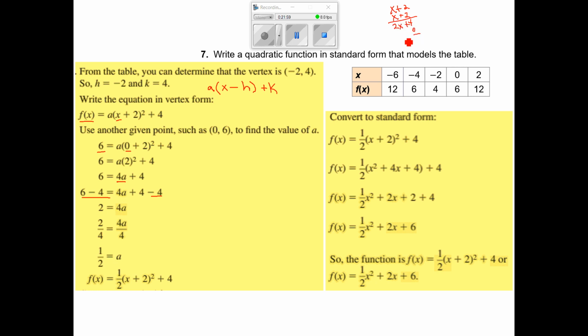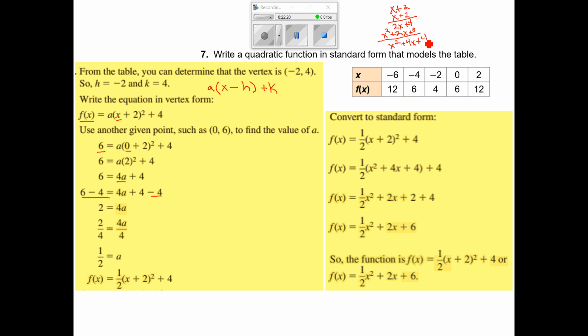Put the 0 here. We got X times 2, that's 2X. And X times X, that's going to be X squared. And now everything comes down: X squared plus 4X plus 4.